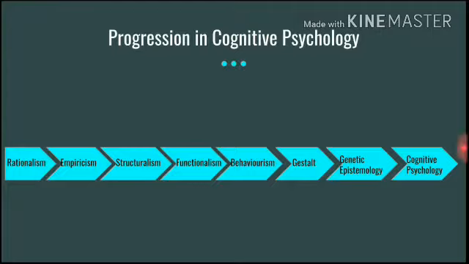So, when we're trying to understand what exactly is cognitive psychology, it then becomes a very interdisciplinary kind of a science, because it has its roots in many areas, and it draws from many other areas of psychology and science. Yes? Okay.